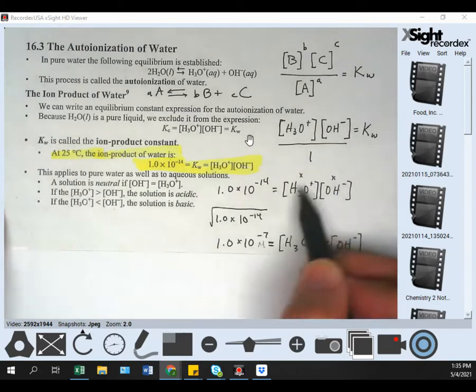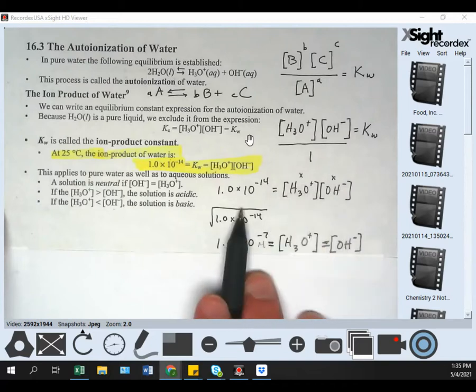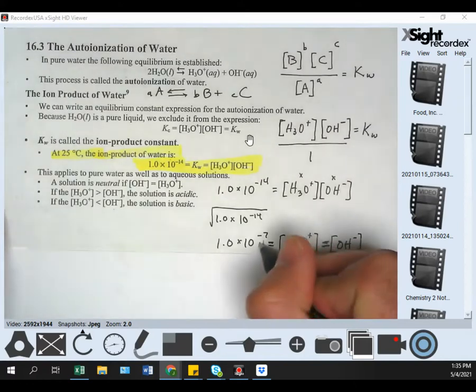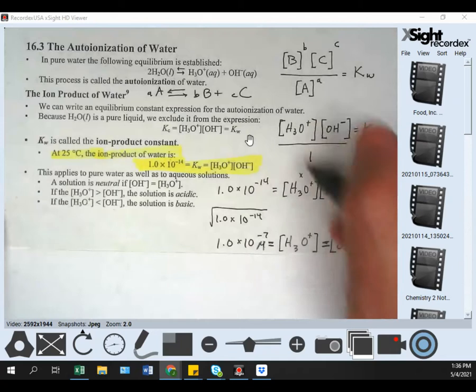If you take the square root, because it's the same thing times itself, you get 1 times 10 to the negative 7th. And this is molar, because it's a concentration.